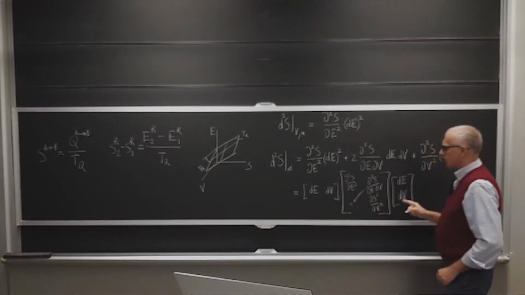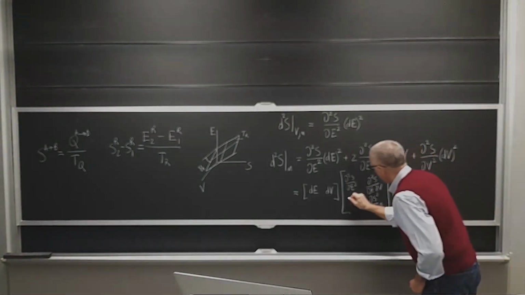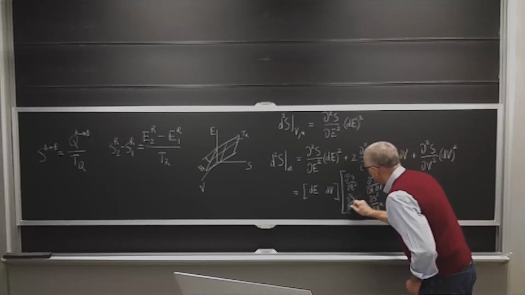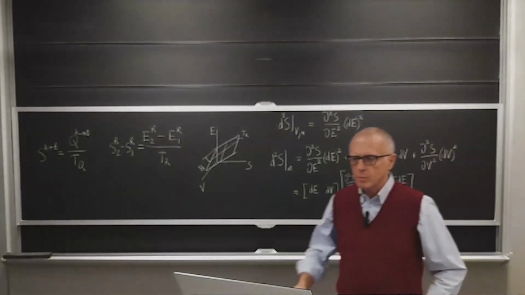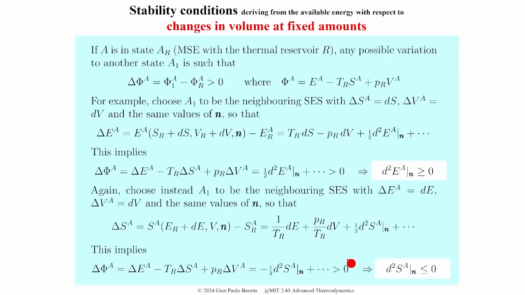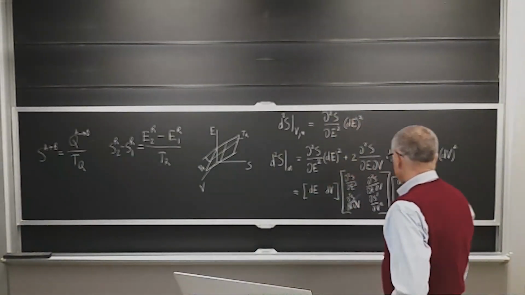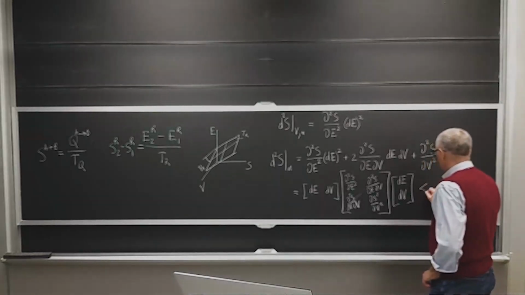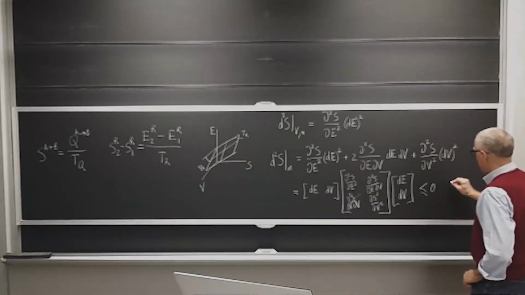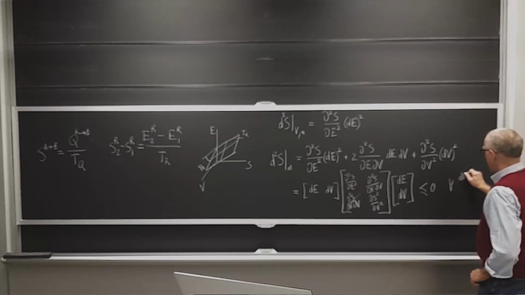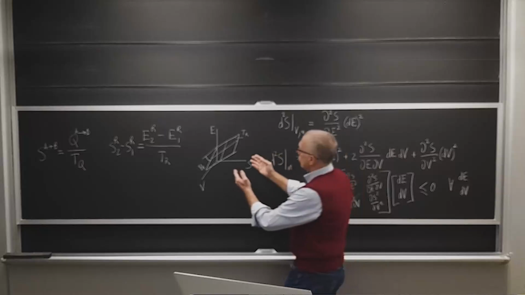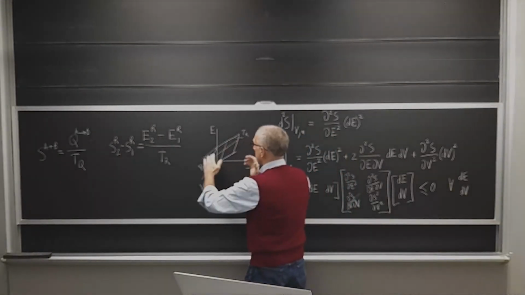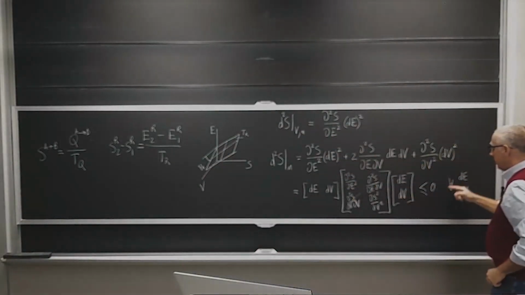If you do the matrix multiplication, you get the above result, okay? And the fact that this has to be negative for an arbitrary choice of your vector dE dV, which means no matter what direction you want to move, this has to be negative.